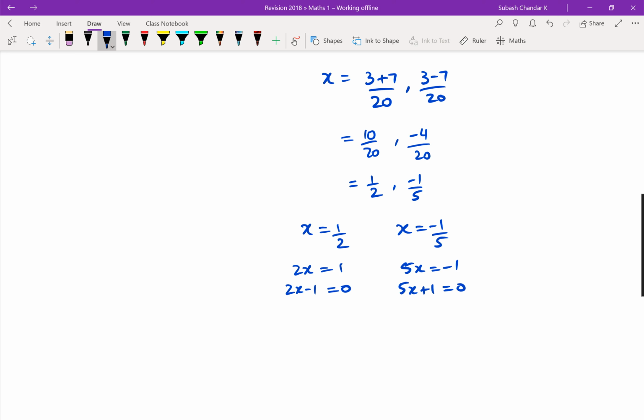So when it's asking you to factorize, that's when you do this step, and you put it in two brackets like this. Okay? But if they're asking you to find solutions, the yellow part is where you actually stop. That's what solutions are. It's asking you what are the values of x.